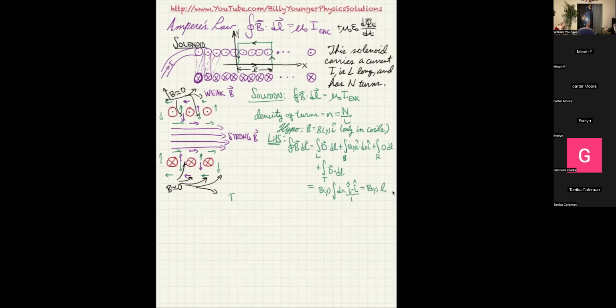The right-hand side is a little easier to make sense of in this case, now that I've explained what the density is, but it's supposed to be mu 0 I enclosed. And if it's a length L, then the number of wires is equal to the line density times L. So that'll give you the number of wires that are there, and I still have my mu zero out in front, and now I have the I going through it. So that's the right-hand side.